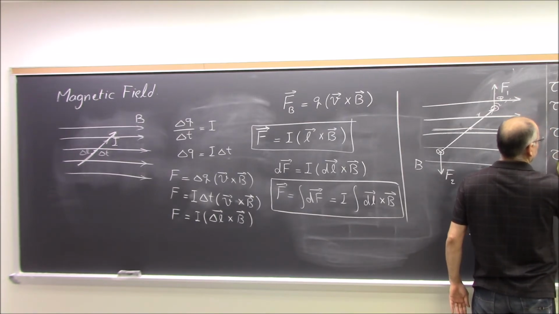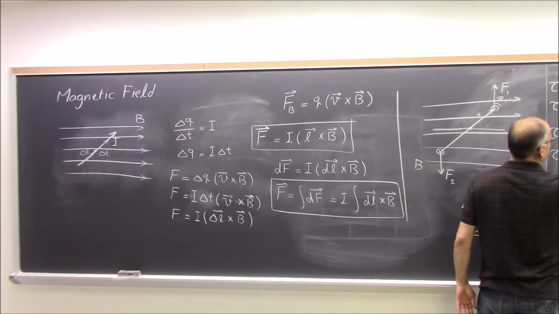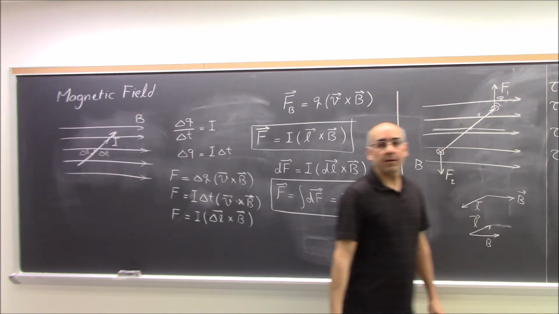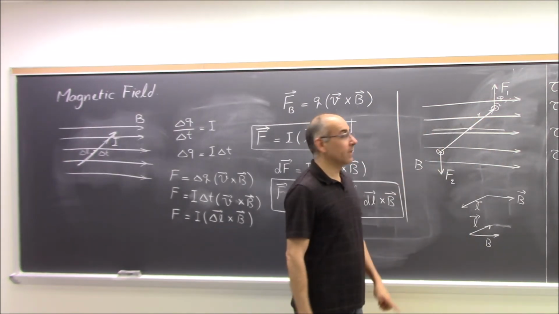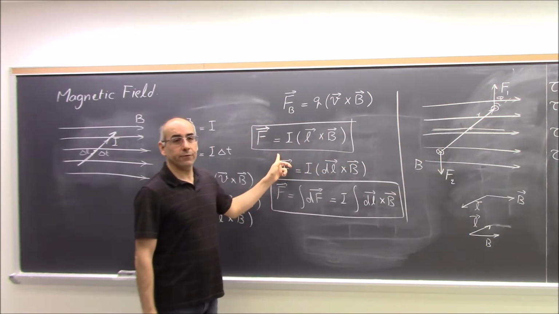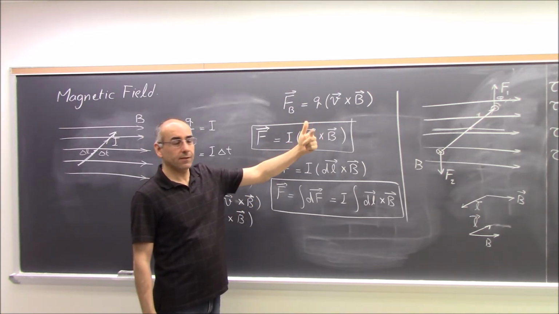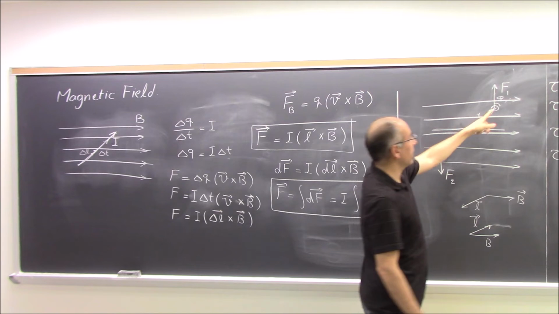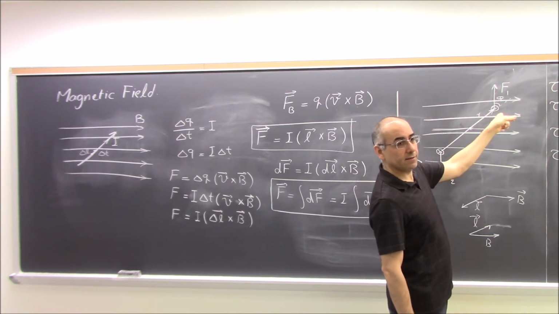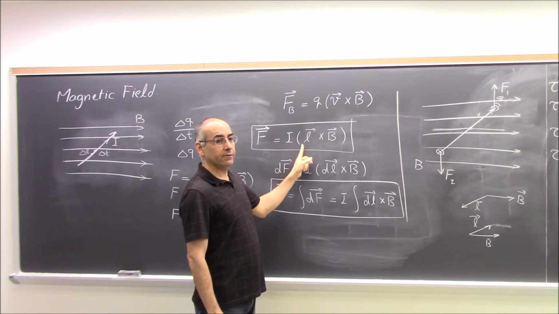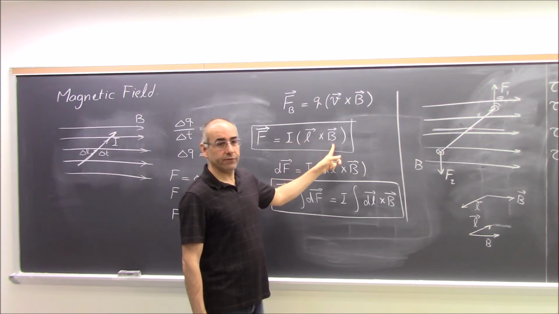So tau total is equal to F1 times B times sine phi. And what is F1? What is the length of that side? This side was B, the other side was A. So the length is A, the current is I, so it will be I A times the B field.